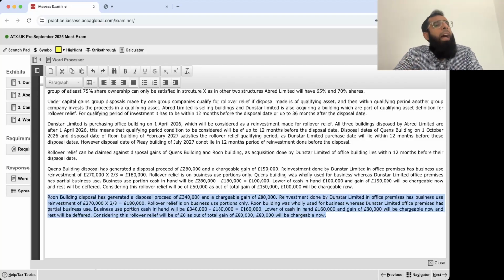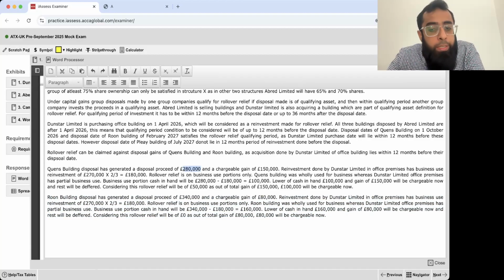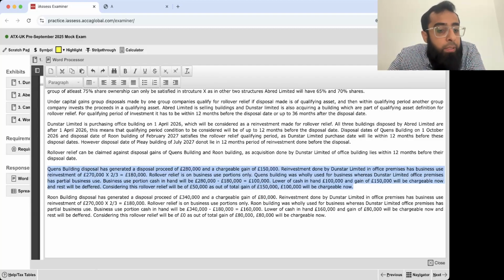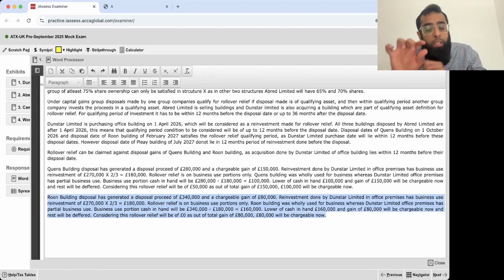Sir, I have literally got confused. No issue. Let's repeat it again. For Queen's building, disposal proceed was 280, gain was 150. Here it is 340 and gain is 80. You already know how we have prorated the reinvestment portion. We have to look at the business use portion.